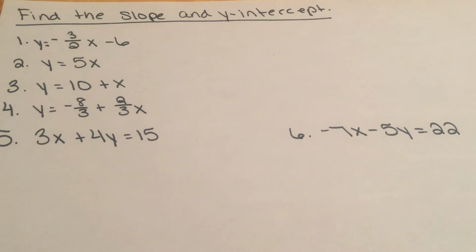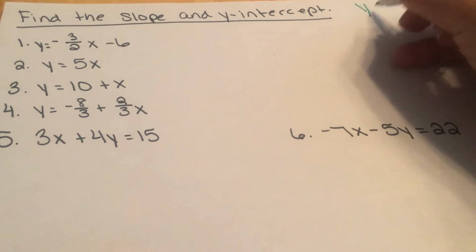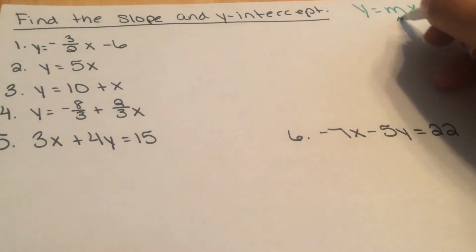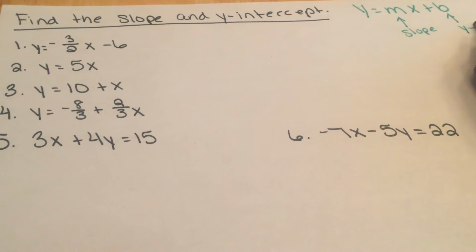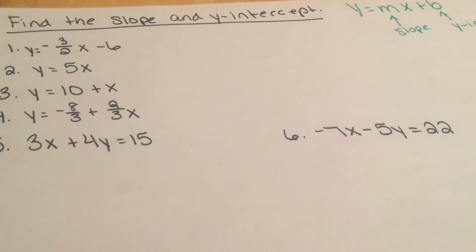On example 1, it's asking us again to find the slope and y-intercept. So we have to remember that form y equals mx plus b, again, where m is our slope and b is our y-intercept. So looking at our first equation, we have y equals negative 3/2 x minus 6.